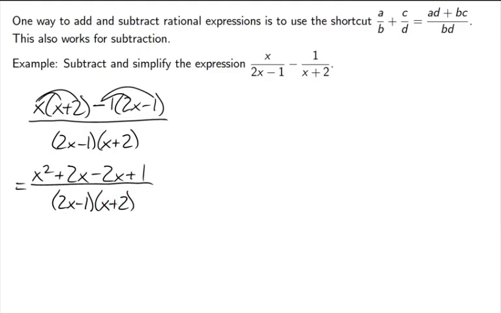It actually looks like we get some more cancellation. The 2x's cancel out, and so I get x squared plus 1 over 2x minus 1 times x plus 2. Now I don't see a way to factor this x squared plus 1 here. It's a sum of squares, and so we don't have a formula for that. So this is as simplified as it's going to get.